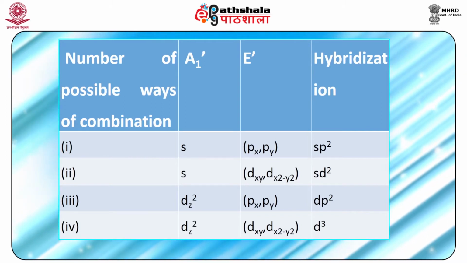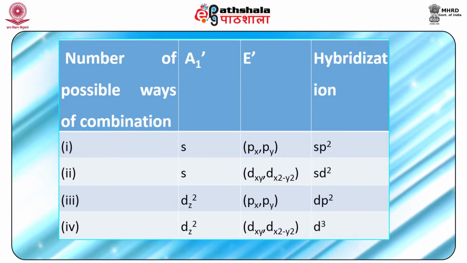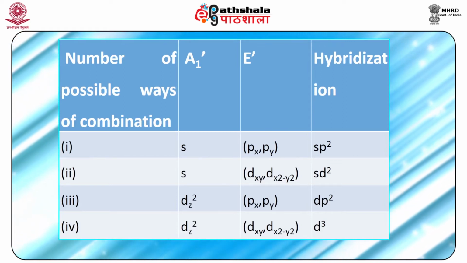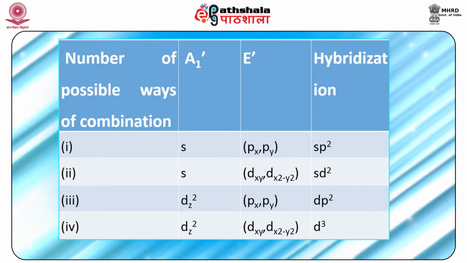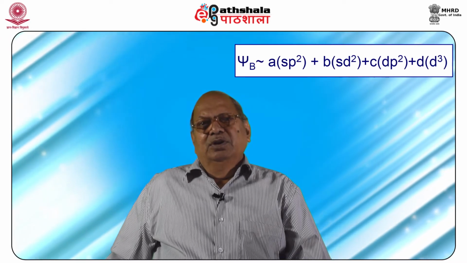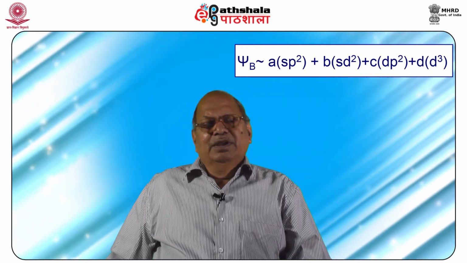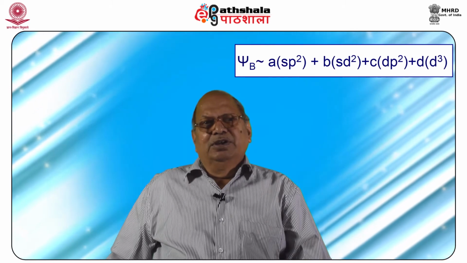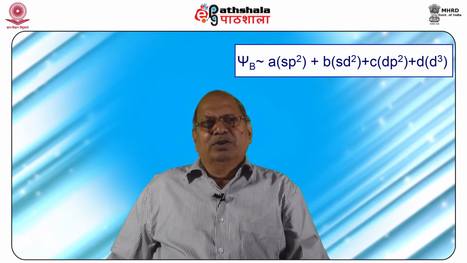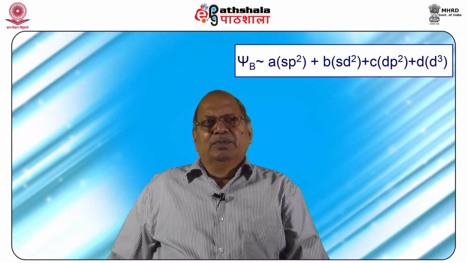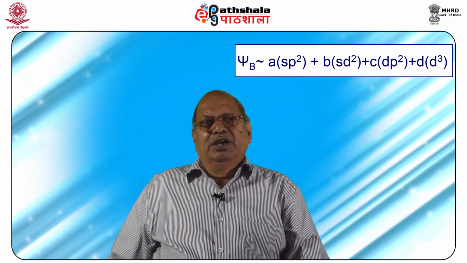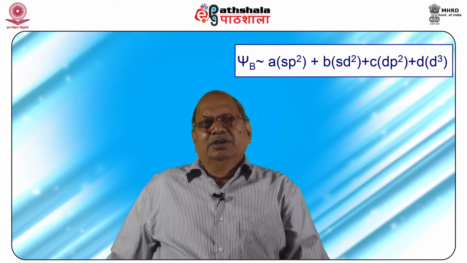Fourth possible combination is dz² of A1' and dxy, dx² minus y² of E', that is d3 hybridization. If I consider all possible combinations, psi b, the hybridization of boron atomic orbitals, is given approximately as A times sp2, B times sd2, C times dp2 and D times d3.